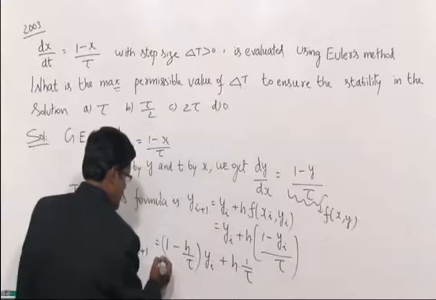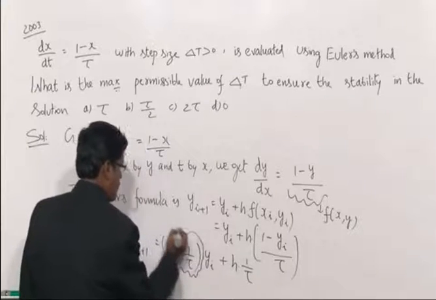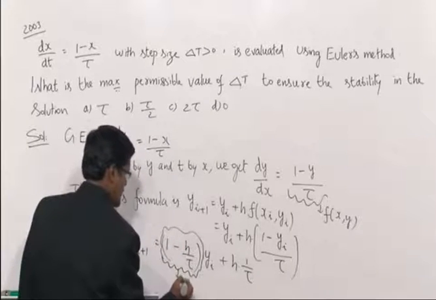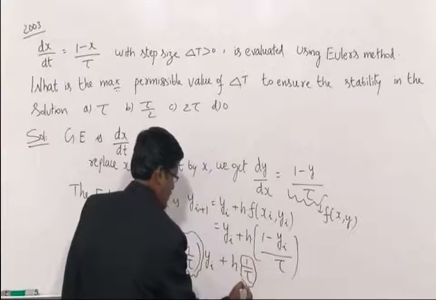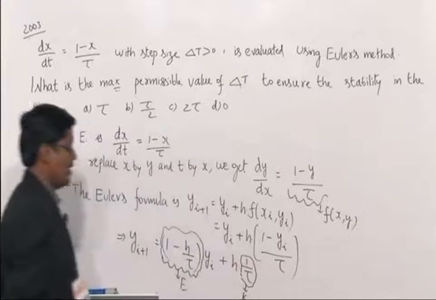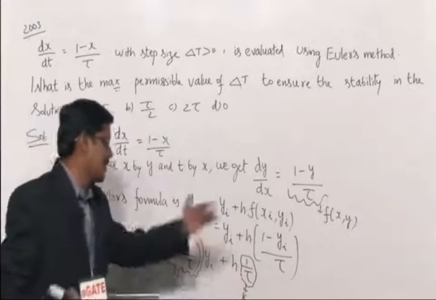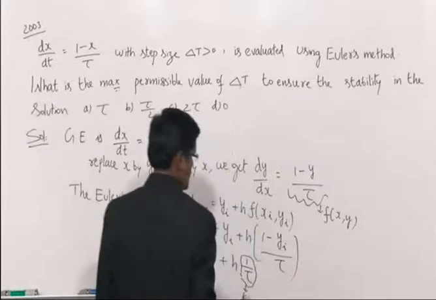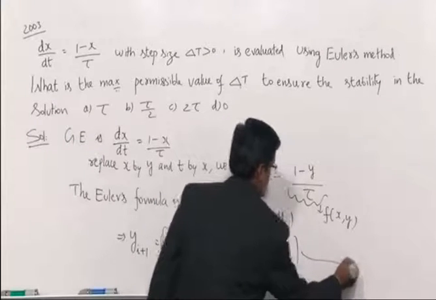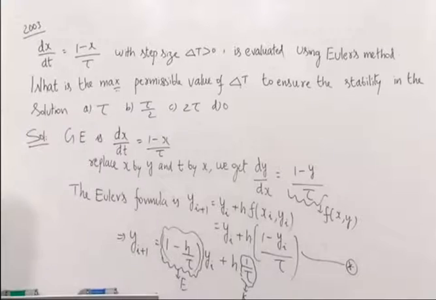Okay, so this is in the form of E, and this is in the form of K, where K is a constant or containing x i term. Okay, this is star according to our notation.